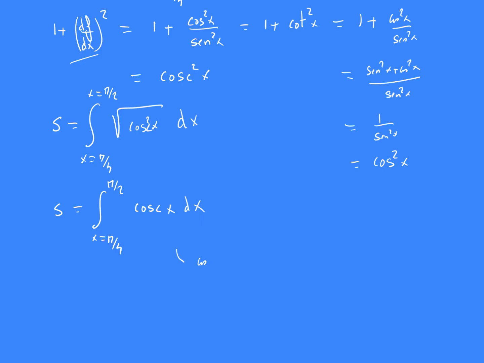In the case of the cosecant, we will multiply instead by cosecant x plus cotangent x divided by cosecant x plus cotangent x.